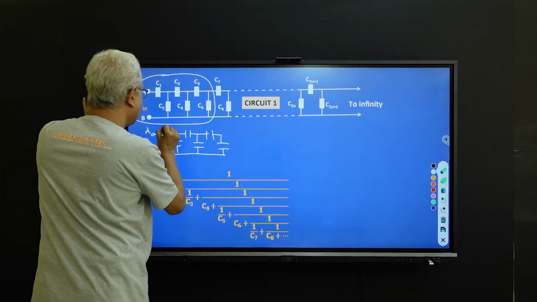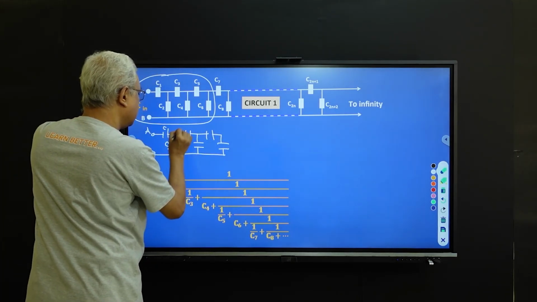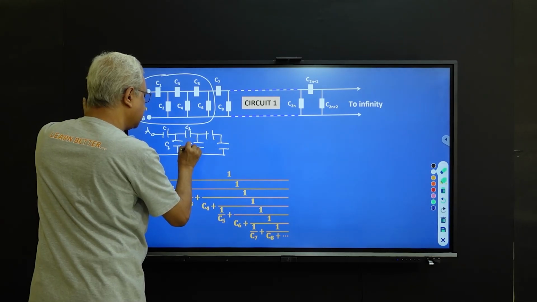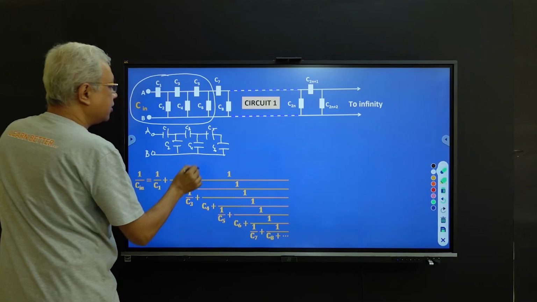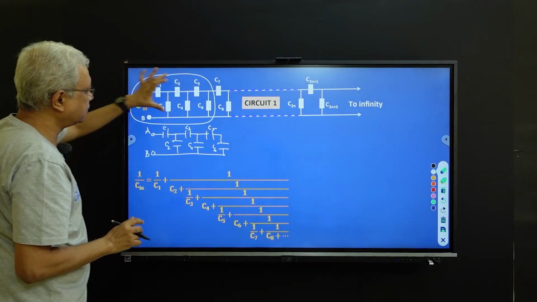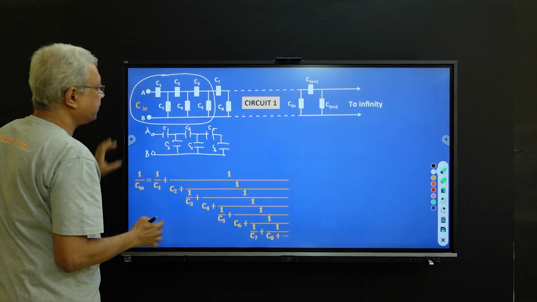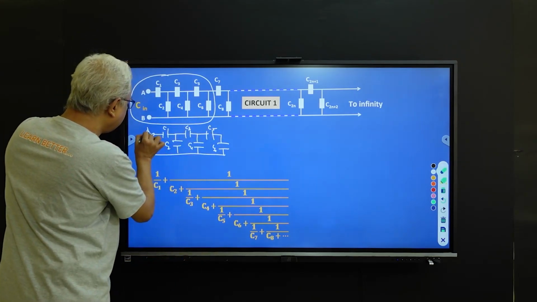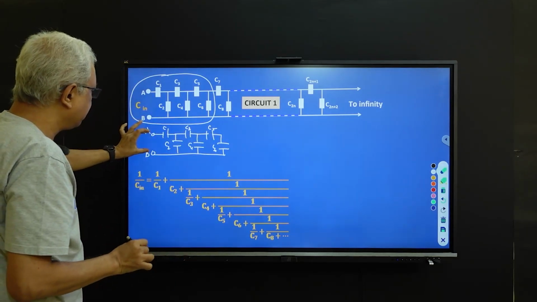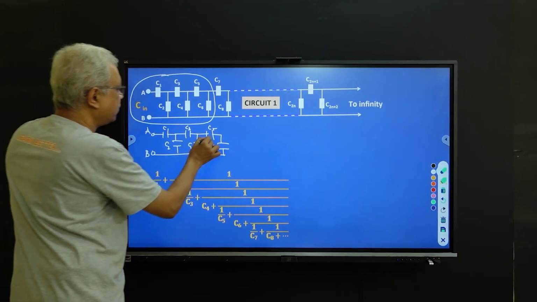This is C1, this is C2, this is C3, this is C4, this is C5, this is C6. So just consider a finite segment of the circuit which has a finite number of elements. Now what is the equivalent capacitance between these two points we want to find out.